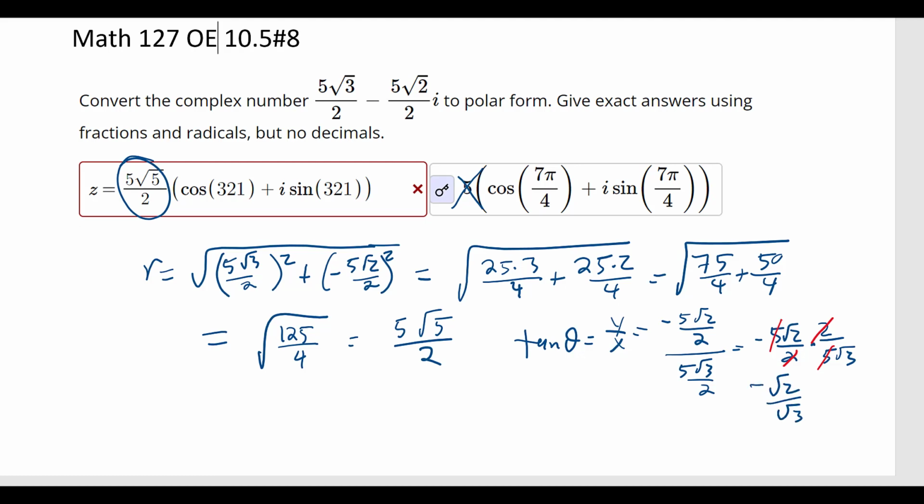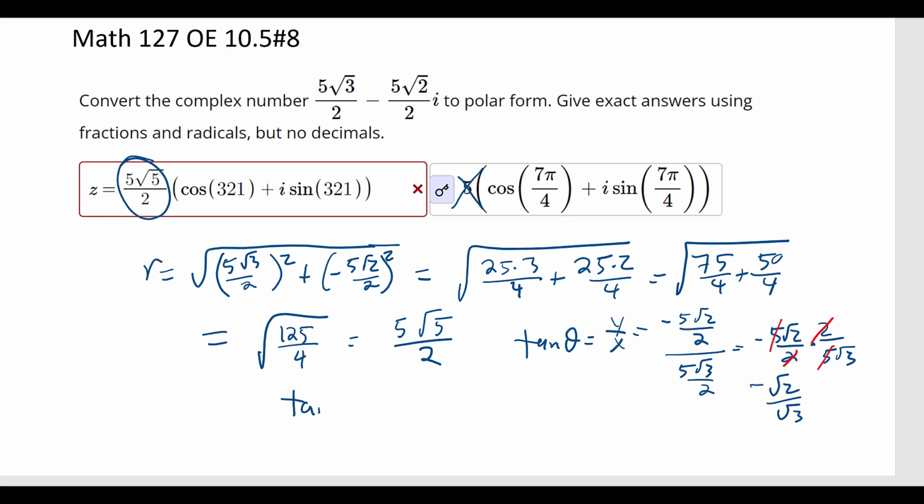Now that's not one of the ones we normally memorize. So it's not 7 pi over 4, because tangent of 7 pi over 4 is going to be negative 1. So I'm wondering what happened in the programming of this problem. So let's see, I have to use my calculators.